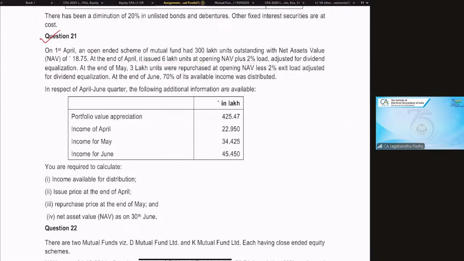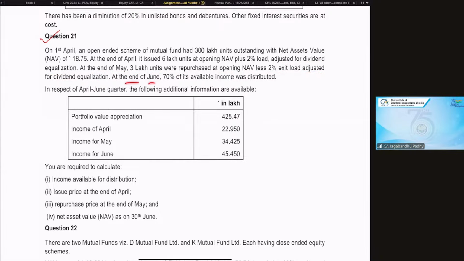Plus 2% load means the entry load. So 18.75 plus 2% load will be charged if you want to buy the units, adjusted for dividend equalization. At the end of May, 3 lakh units were repurchased at opening NAV less 2% exit load, adjusted for dividend equalization.